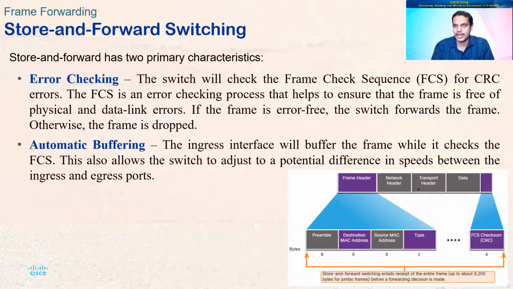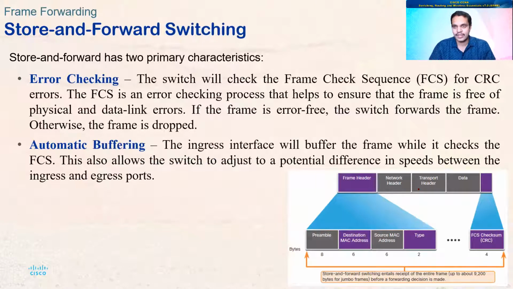If both are equal, it will deduce that there are no errors in the frame. But if there is a mismatch in the FCS, it means there is some problem with the frame, maybe because of a transmission error or a collision or whatever it is. The frame will simply be dropped. So error checking is done in store and forward switching, and frames with errors are not transmitted.